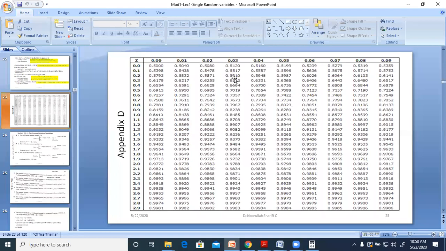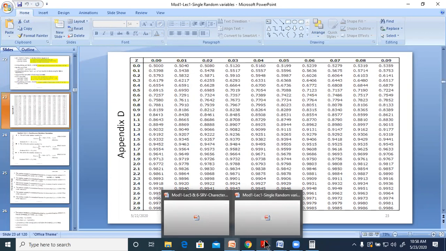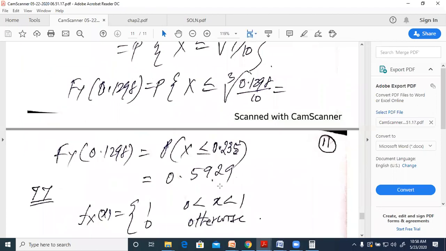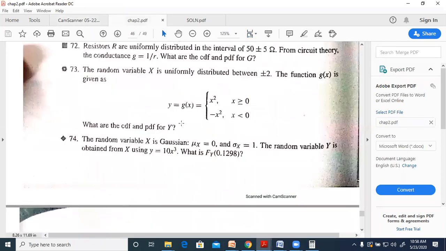Or you can take the difference between this 48 and this 10, which will be 38, divided by 2 will be 19. 19 should be added to the 10 over here, so therefore you'll get 5929, and that is the value which I have written there, which is 0.945929.